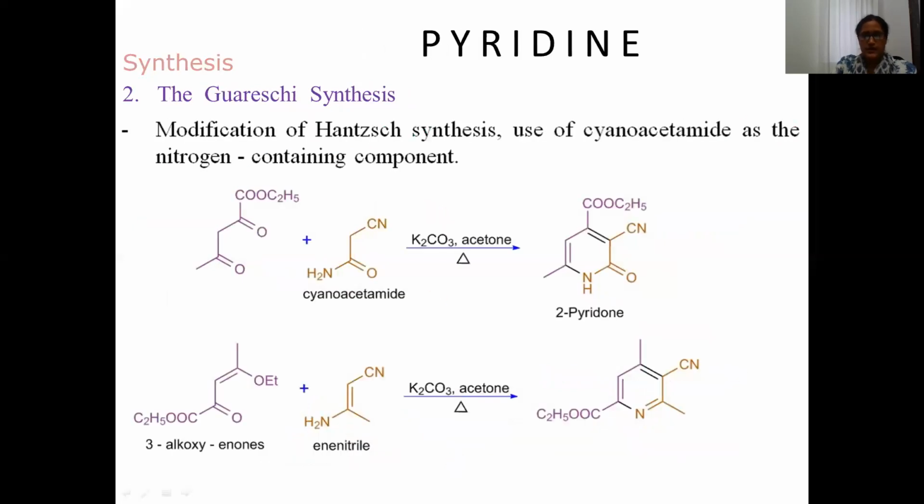The next synthesis for the pyridine is the Guareschi synthesis. This is the modified Hantzsch synthesis using cyanoacetamide as the nitrogen containing component.